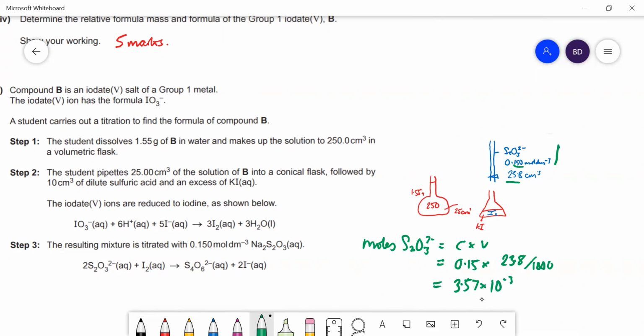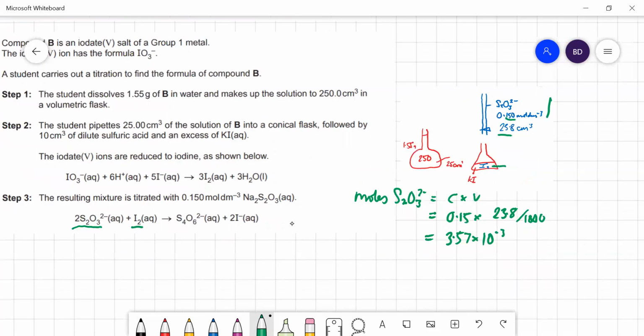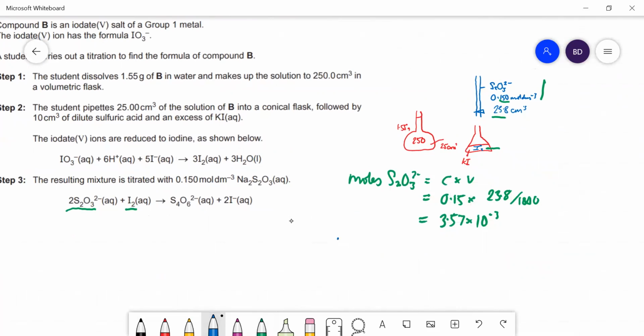Right, so now look at the equation there. 2 moles of thiosulfate react with 1 mole of iodine. So the next step is, how many moles of iodine do we have in the conical flask there? We've got to halve it. Okay, so moles I2, 3.57 times 10 to the minus 3 divided by 2. That is equal to 1.785 times 10 to the minus 3 moles of iodine.